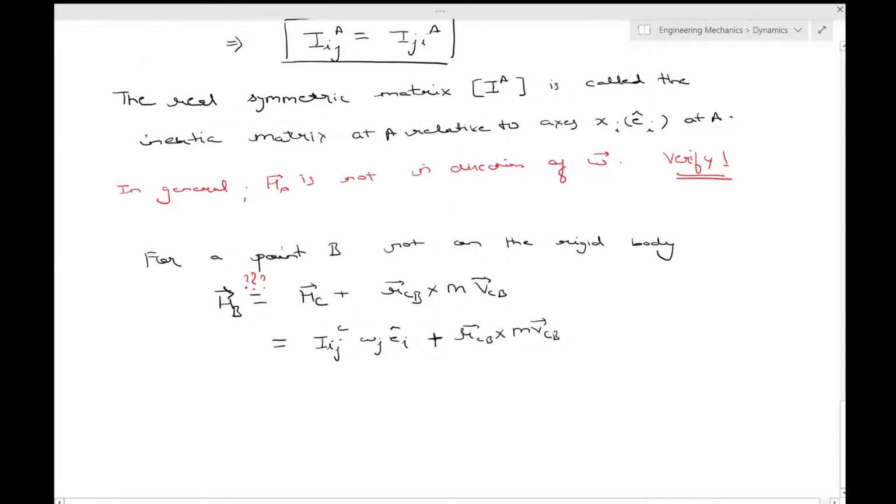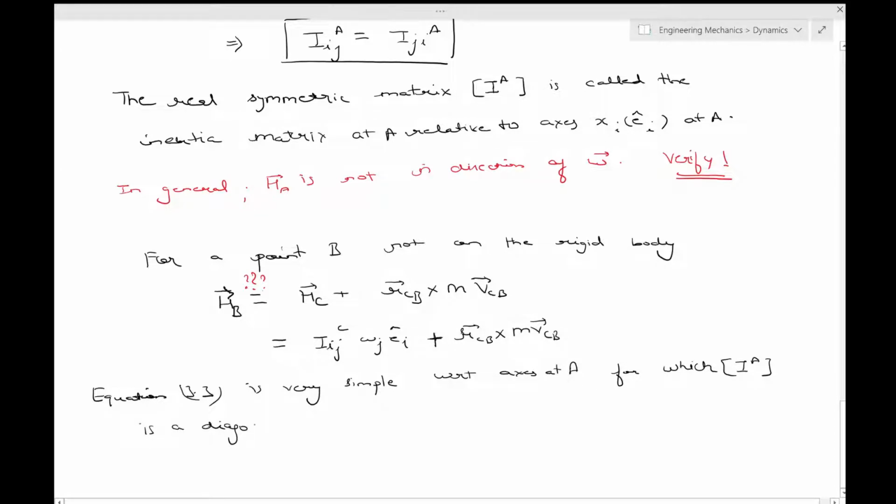So equation 3.3 is very simple with respect to axes at A for which I_A is a diagonal matrix.